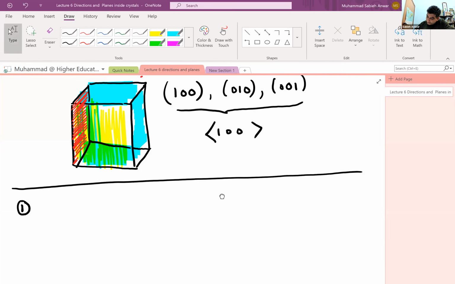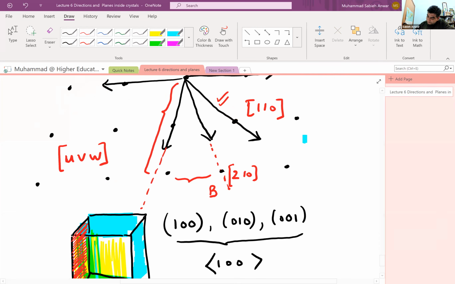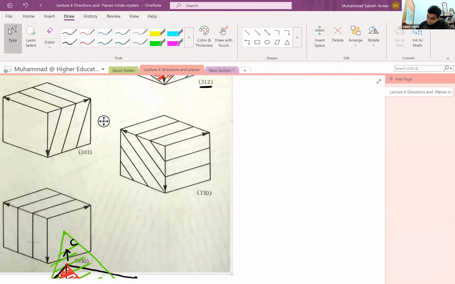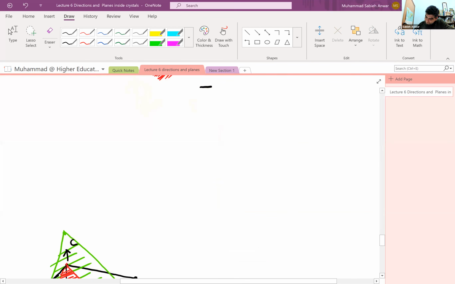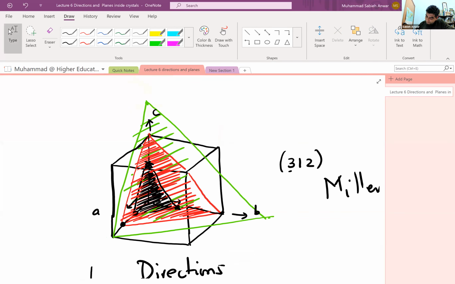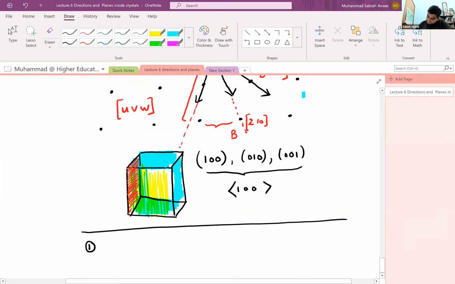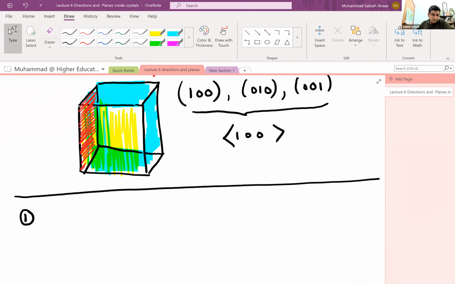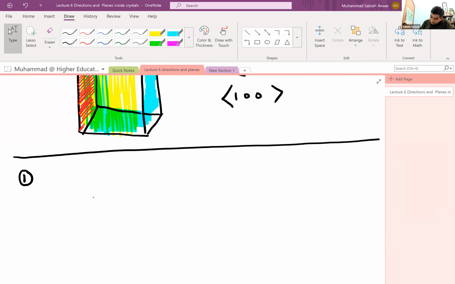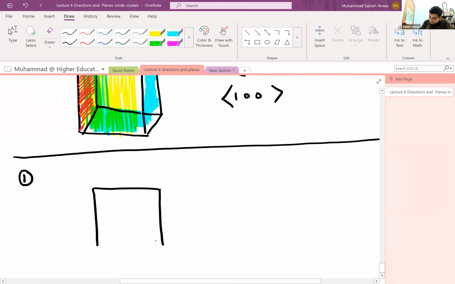Let me try removing one of the images that I've inserted. Let's see if it makes a difference. All right, now I can draw planes.